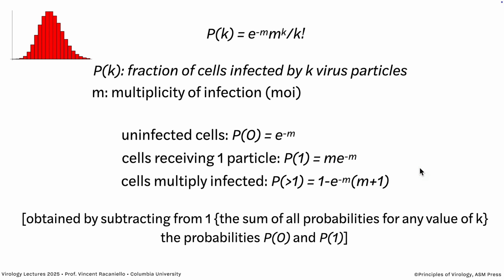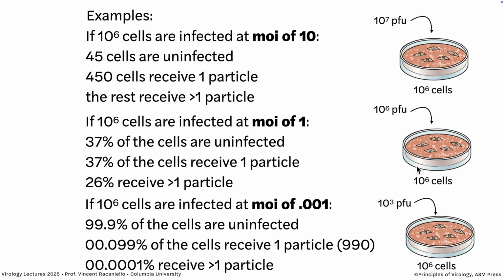So let's look at some examples of this. If you take 1 million cells and infect at an MOI of 10, which means you're adding 10 to the 7th PFU, 45 cells are uninfected, 450 get 1 particle, and the rest get more than 1. So an MOI of 10 is a really good way to infect every cell, right?